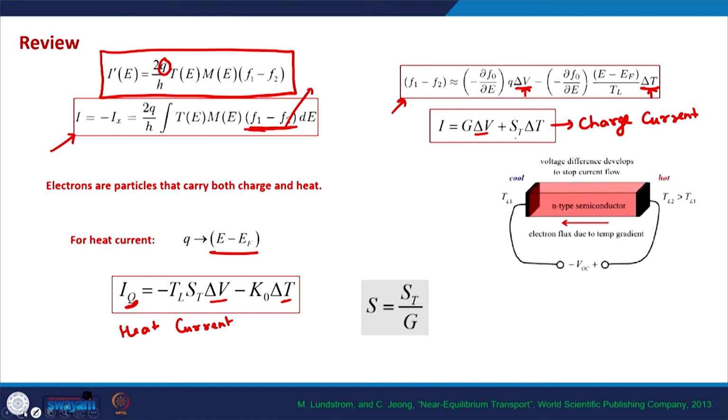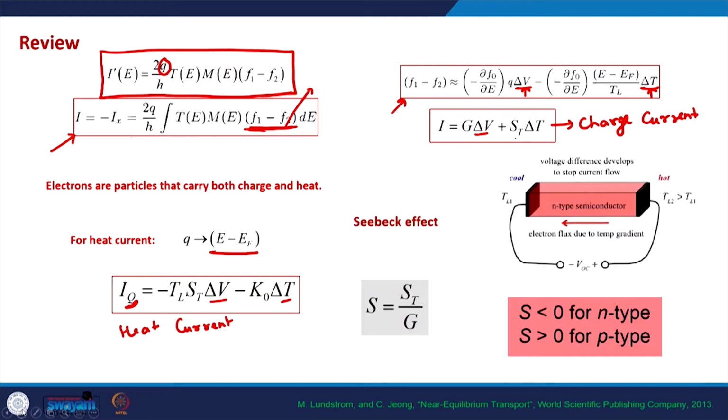So that naturally brings us to what is known as the Seebeck effect, which is the development of a voltage difference across a conductor when we have a temperature difference across its contacts. What the Seebeck effect says is that if one of the contacts is hotter as compared to the other one, in that case there will be an open circuit voltage.